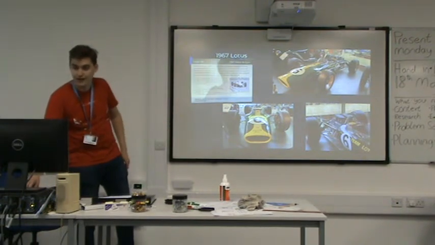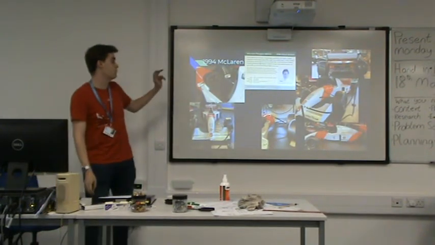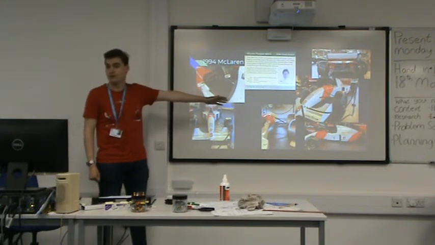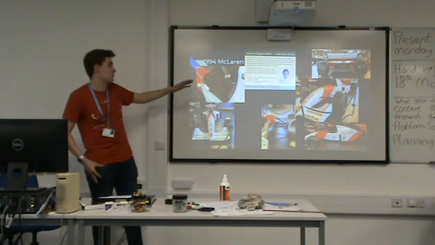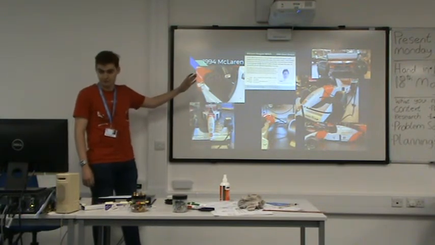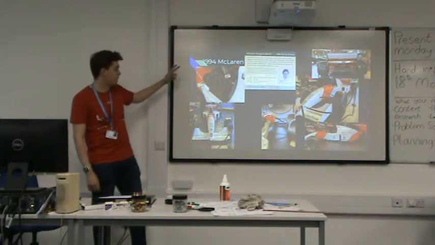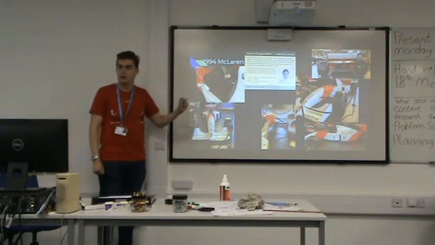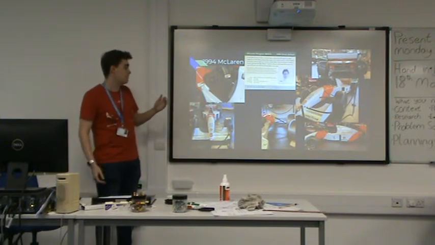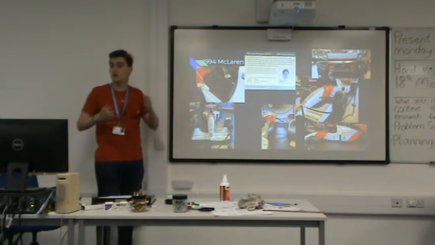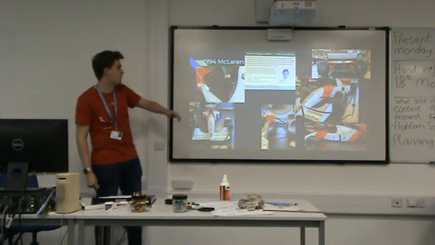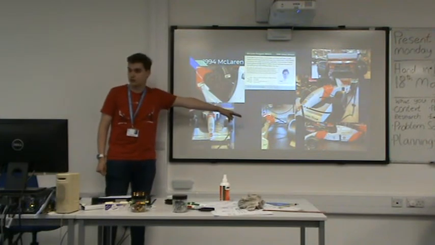The next car they had there was a 1994 McLaren, and you can see it's a big difference from the original too, and that was the direction F1 went in for a while. I was very lucky with this one that the people running the museum, I've forgotten the name of them, actually let me go behind the line and stand next to the car and look at it in much more detail, which is where I got the seat and the suspension pictures from.